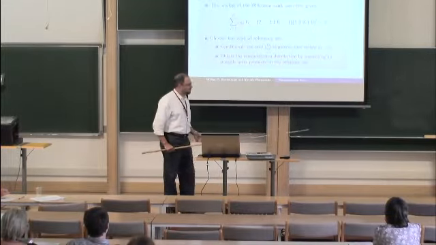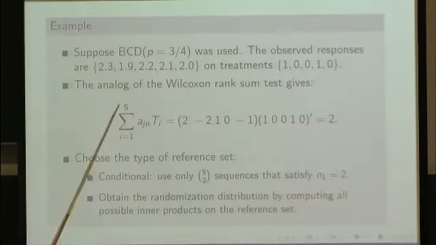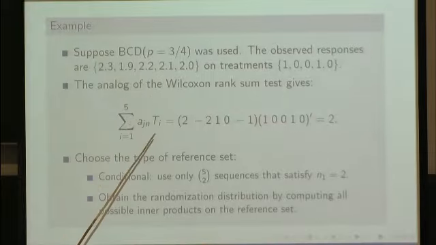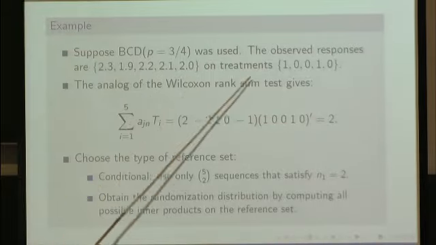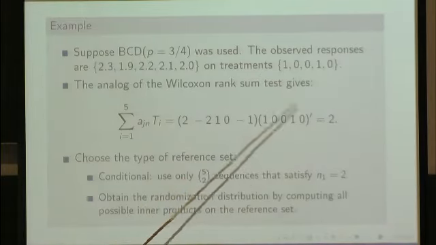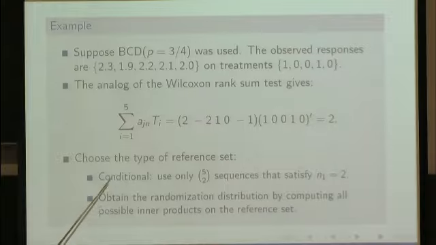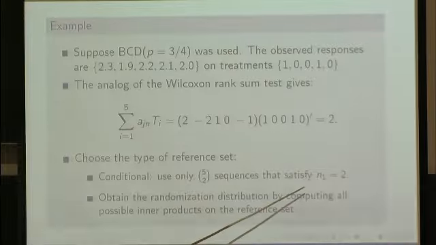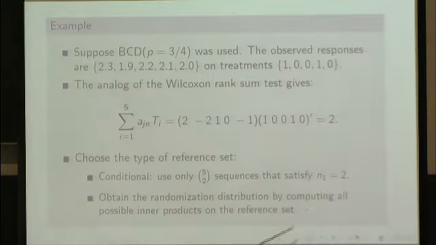So just as an example, if we use the biased coin design with p equals 3/2, we observe some responses, and I'm just going to use a Wilcoxon rank test on these for treatments 1, 0, 0, 1, 0. And if you calculate that, the observed statistic is 2. And then you can use either the conditional or the unconditional reference set. For the conditional reference set, you would only have 5 choose 2 sequences that satisfy n1 equals 2.